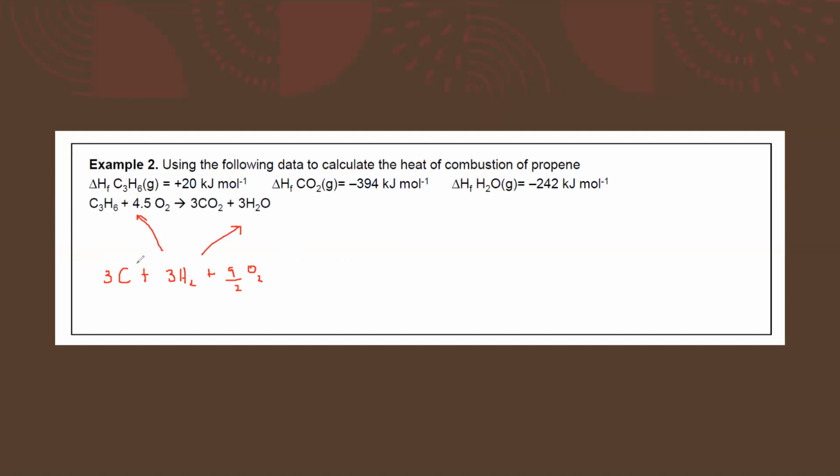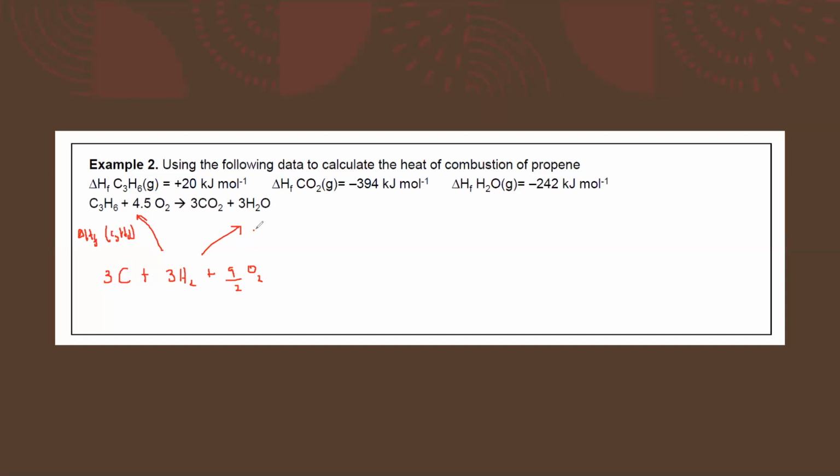As you can see here, carbon, hydrogen and oxygen react, we form propene and oxygen. So oxygen is not formed here, it's the same before and after. So basically it is the enthalpy change of formation of propene, which is C3H6, and carbon, hydrogen and oxygen react to form carbon dioxide and water.